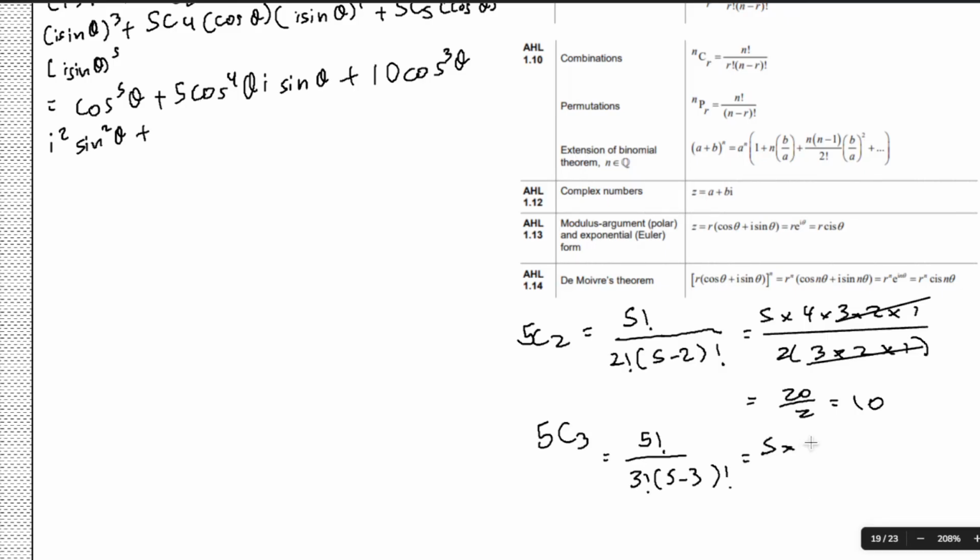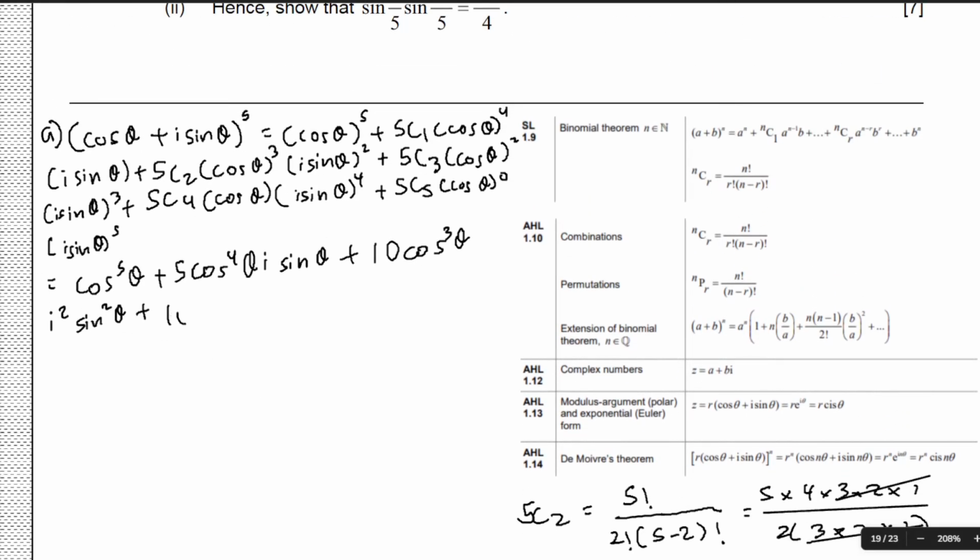Then we would have 5 times 4 times 3 times 2 times 1 over 3 times 2 times 1 multiplied by 2, in which we cancel this out here, and we would be left with 20 over 2 again, and this is 10. Okay, so we have 10 cos squared theta and i cubed sin cubed theta.